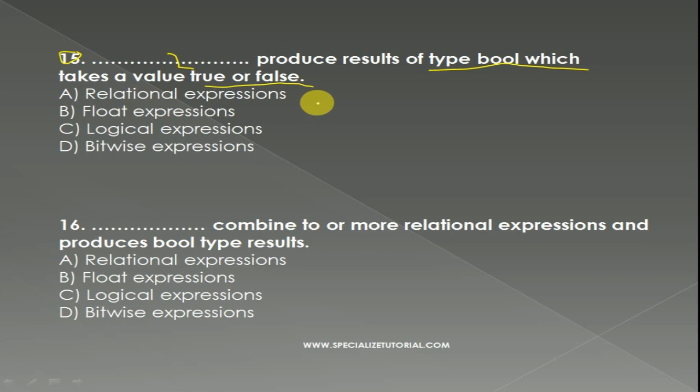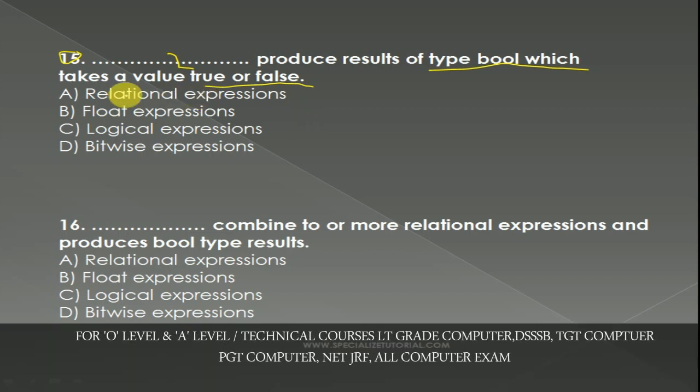Relational expressions and logical expressions both produce a boolean result, true or false, but they are a little different. A relational operator can have any operand value and returns boolean, while a logical operator always has boolean operands and returns boolean. So here it will be the relational expressions.